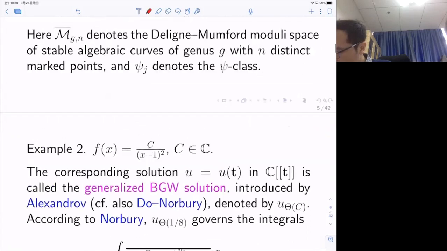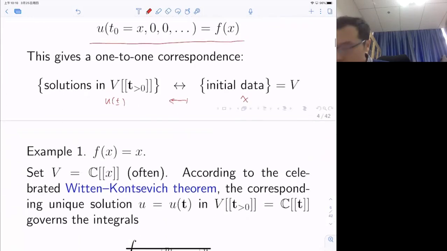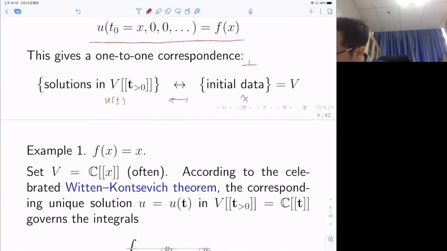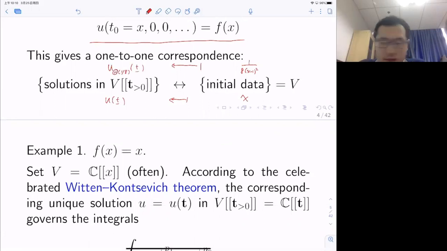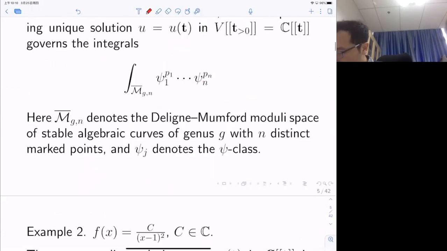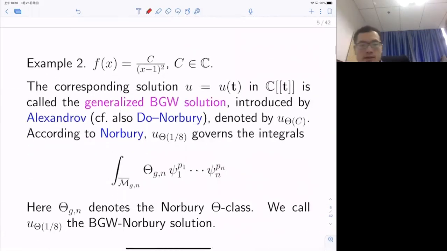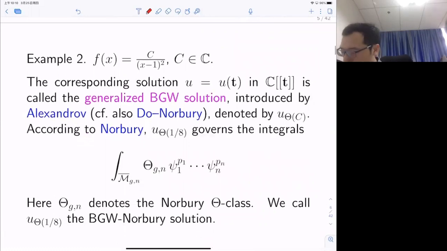So if we have 1/8 over (x minus 1) squared, we also get a unique solution, which we denote by U theta 1/8 (t), and this solution governs the integrals of psi classes coupling the theta class. We call this solution the BGW Norbury solution.